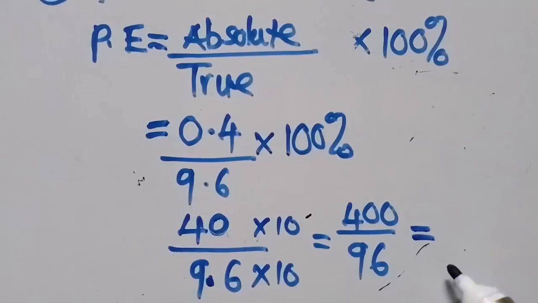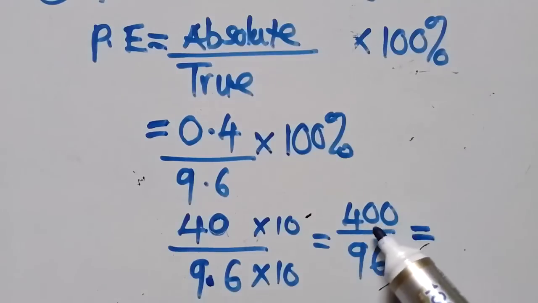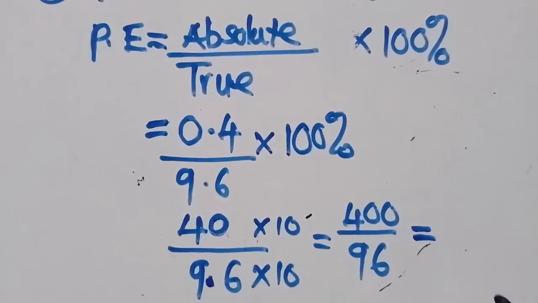I'm going to put it here when I find the final answer. So don't forget, you find the number which can go into these two numbers. Which number can go into 400 and 96? You start looking for a number that can go into both. Let's check, 16 can go into both.